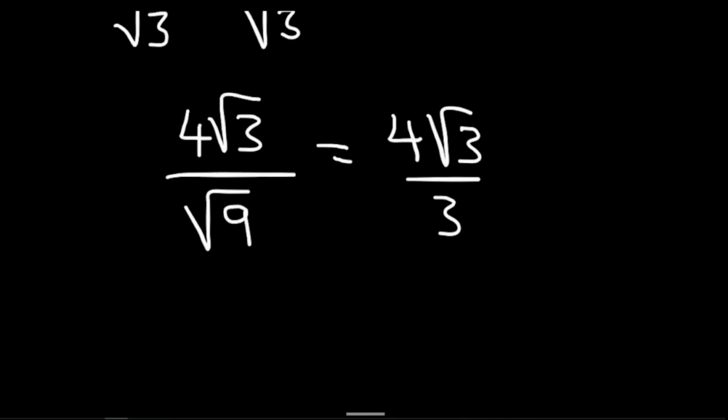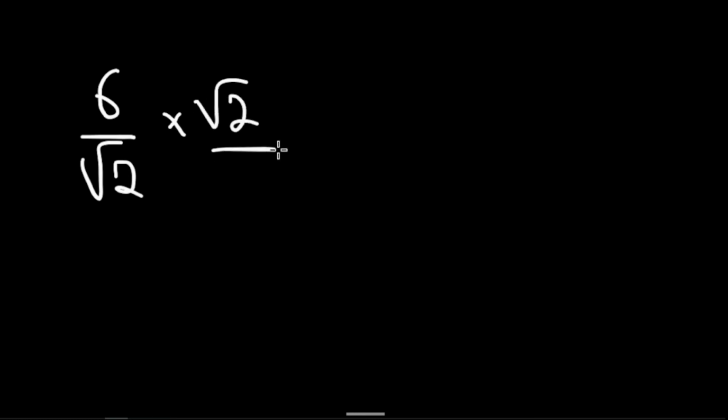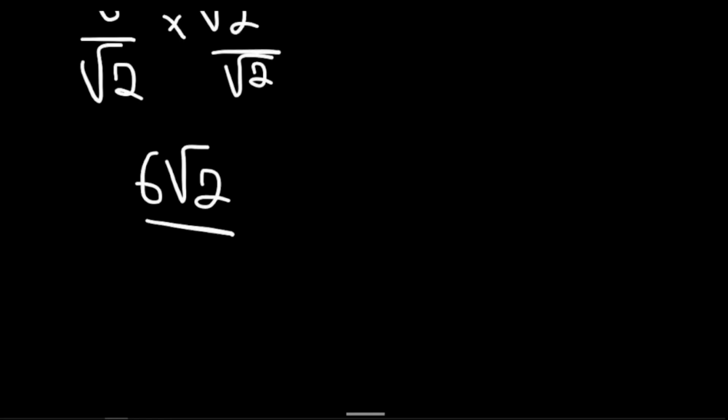So let's go ahead and try out something different. So let's say we have got 6 over the root of 2. So to save time, I won't do the whole one thing, but we know that that will be basically the root of 2 over the root of 2, and then root 2 by root 2 is 1. 1 times the root of 6 is basically the same. Now notice that we have 6 root 2 over, root 2 by root 2, that is root 4.